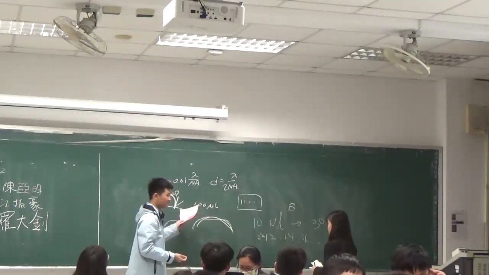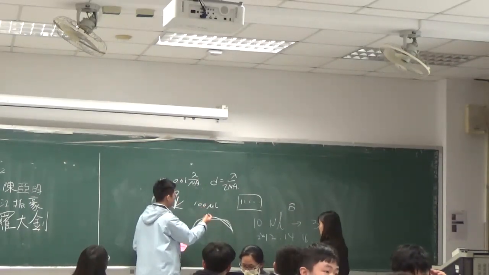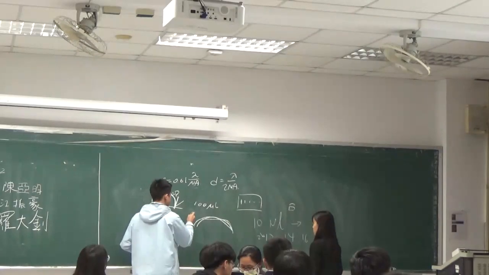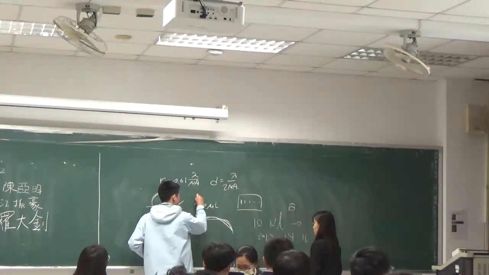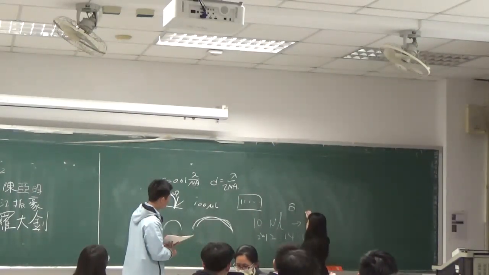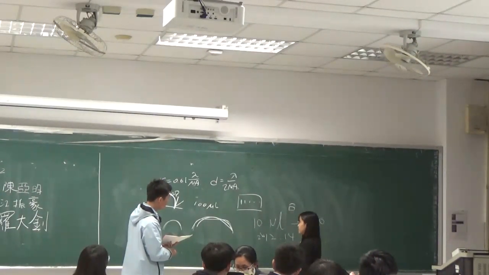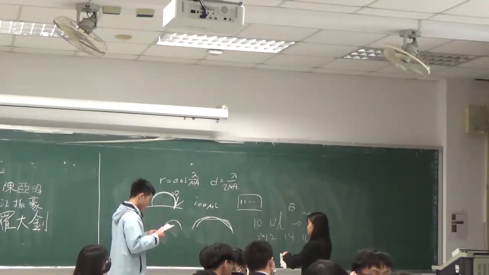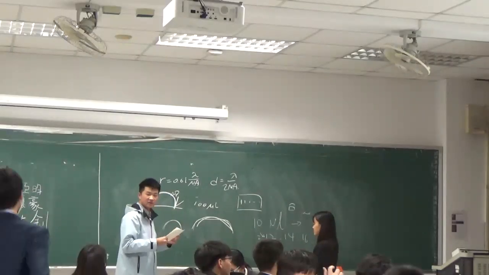D is the minimum distance at which the two things can be distinguished. If we can tell that the two things are different, I think that is the resolution. We can find the minimum, so we can clearly see they are different.